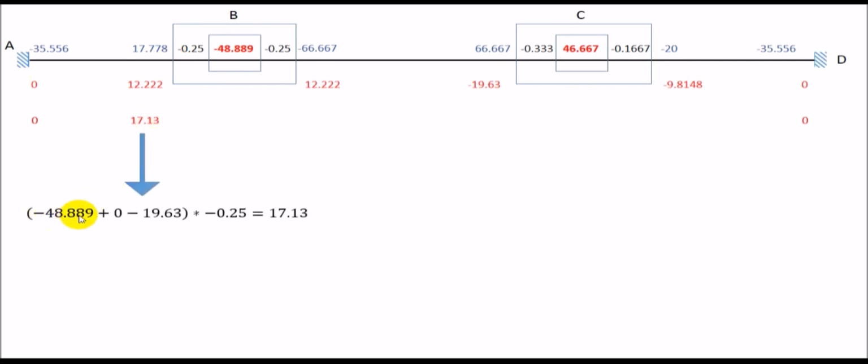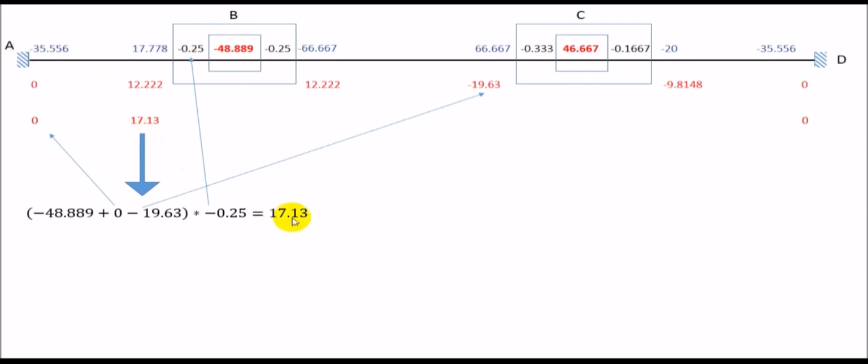It is minus 48.889, the summation moment, plus the latest iteration value of left support, plus the latest iteration value of right support, which is now minus 19.63. Earlier it was 0 since nothing was there, but now there is one value, which is minus 19.63, into minus 0.25, which is the rotation factor of BA.